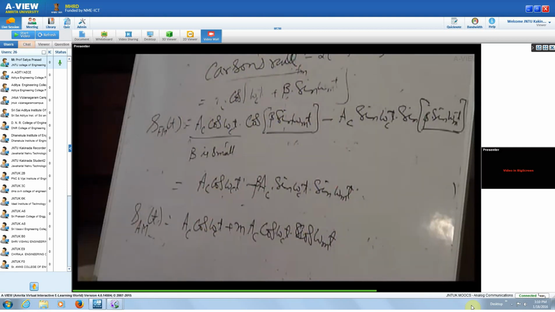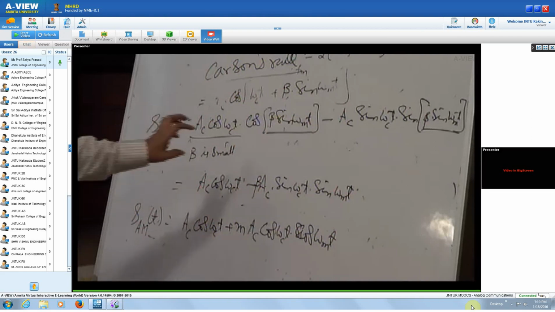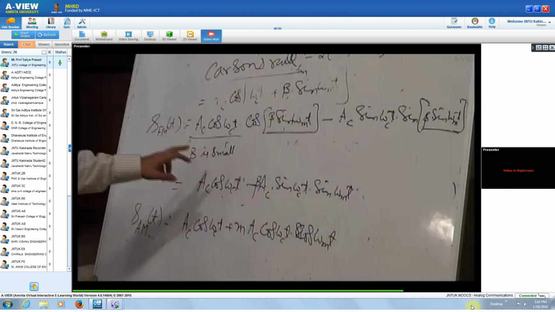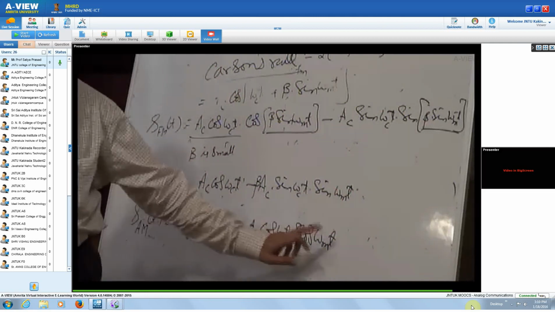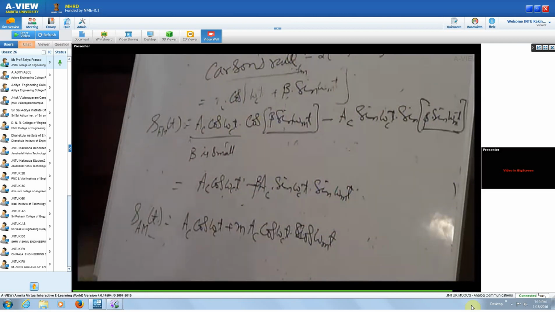Compared to your 2 into beta plus 1 into Fm, which is a wideband signal, when beta is small the output of this signal is going to be narrow.